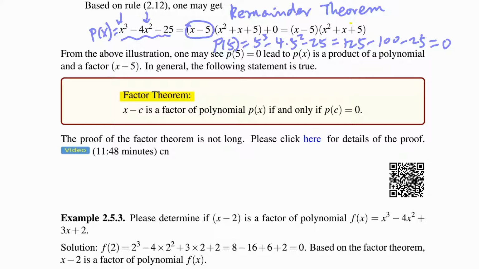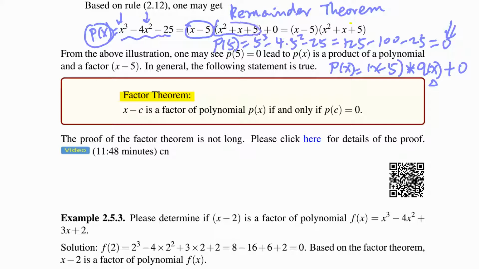If the remainder is 0, then p of x can be written as x minus 5 times a polynomial q of x plus 0. Previously this q of x was found, is this one.